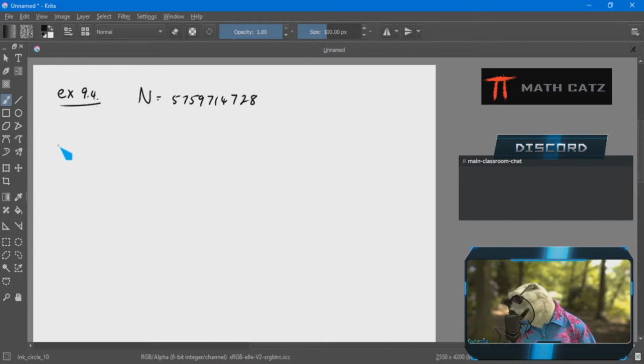So let's start. We want to know divisible by 2. I have to remember the test for 2, and that test says check the last digit. If it is 0, 2, 4, 6, 8, I'm good. So it's a yes. Reason: the last digit is an 8.